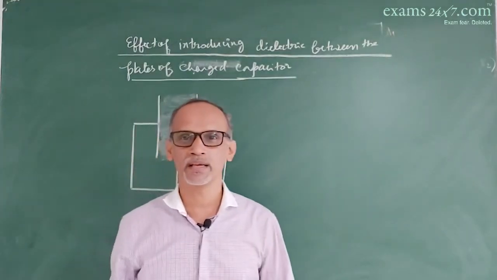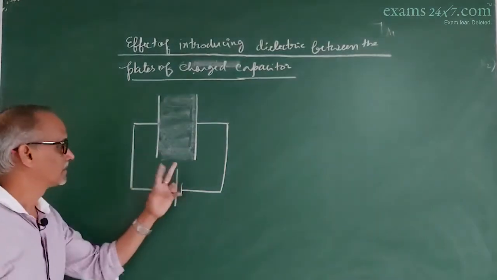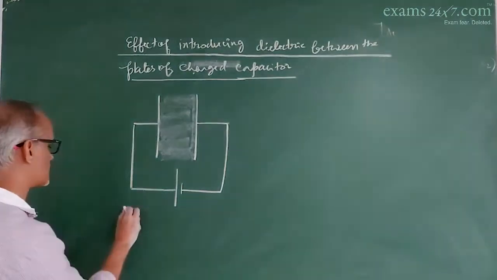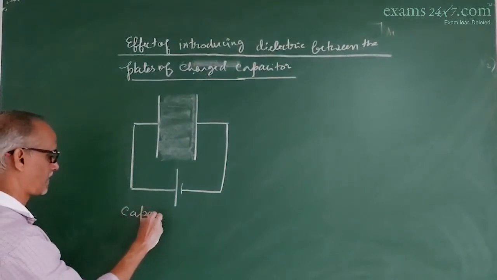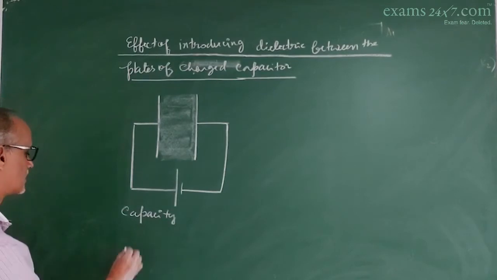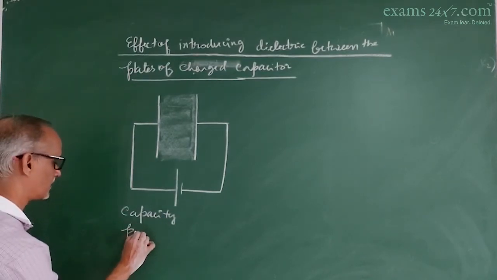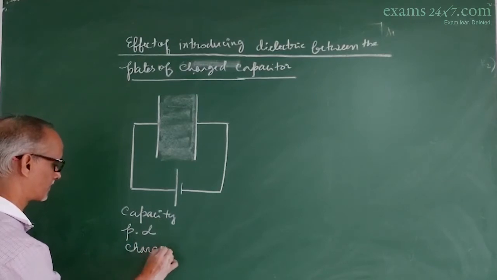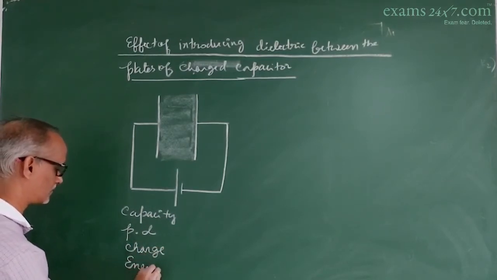So when we introduce a dielectric in between with the battery connected, what happens to its capacity? Then what happens to its potential difference, and then the charge and the energy stored?